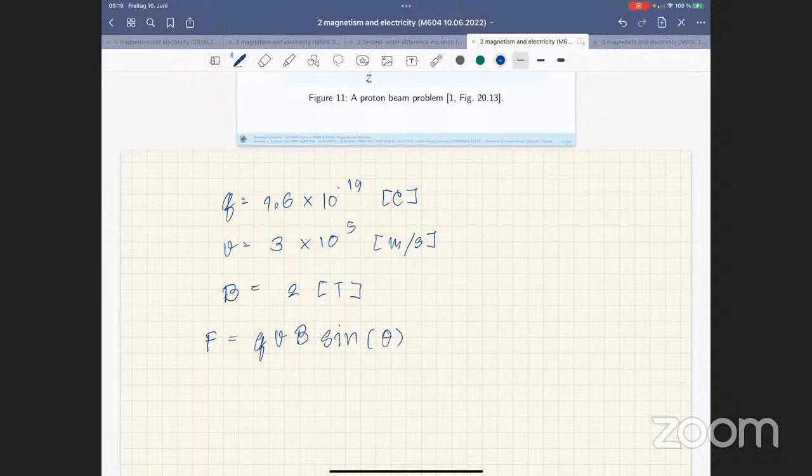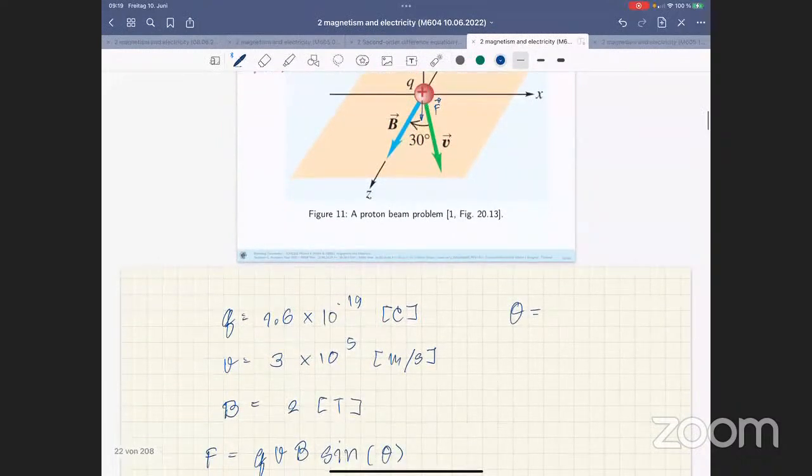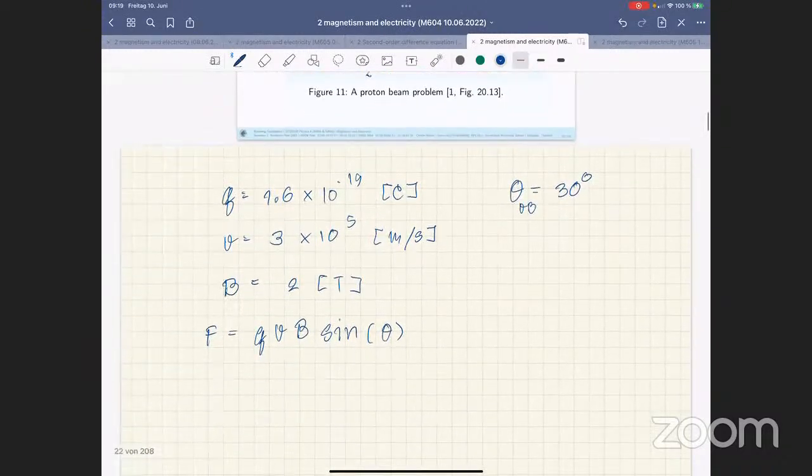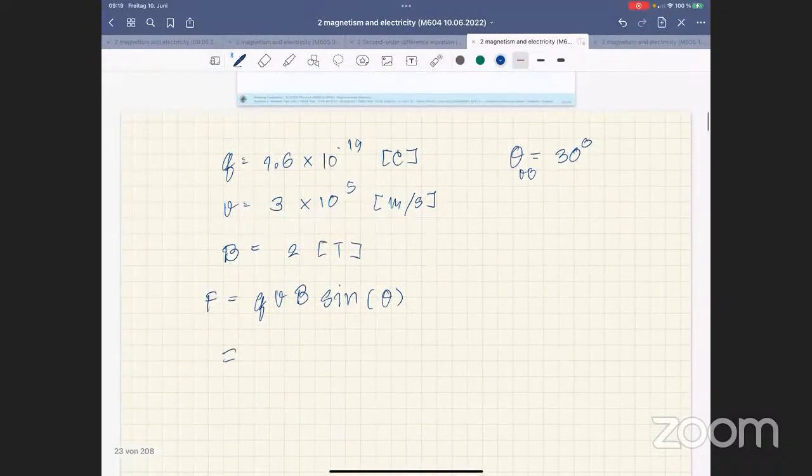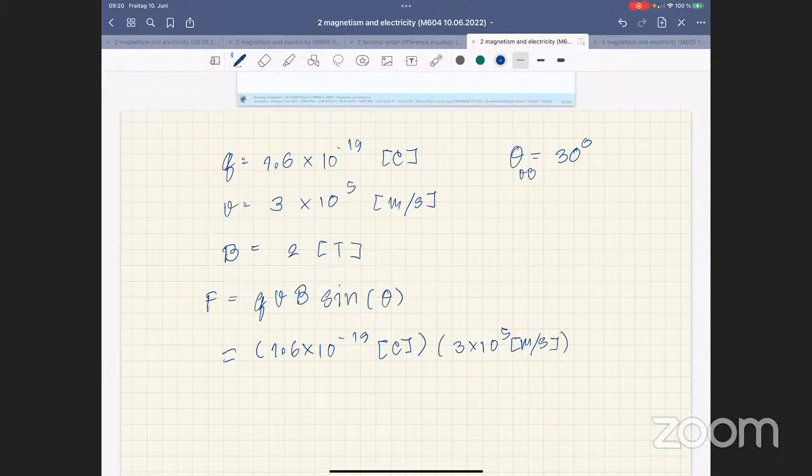I need to mention that theta is 30 degrees, the angle between V and B. We can substitute everything: 1.6 times 10 raised to negative 19 coulomb, velocity 3 times 10 to 5 meters per second, B is 2 Tesla, and sine of 30 degrees, or pi by 6.